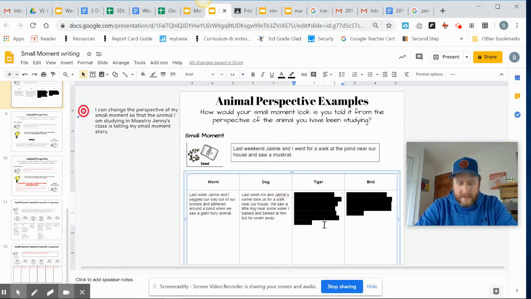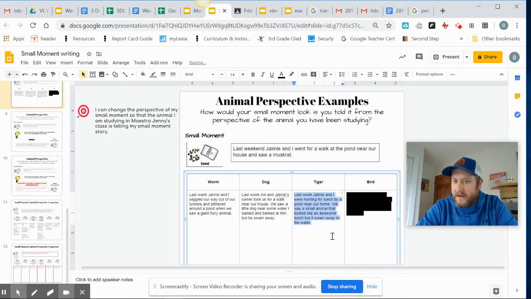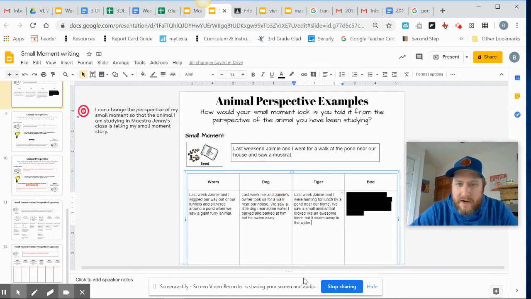All right, and let's see what we got for a tiger now. I know that tigers probably don't just go out for walks. I know that tigers like to eat meat, so maybe the tiger is hunting. So what I got for this one was: last week, Jamie and I were hunting for lunch by a pond near our home.